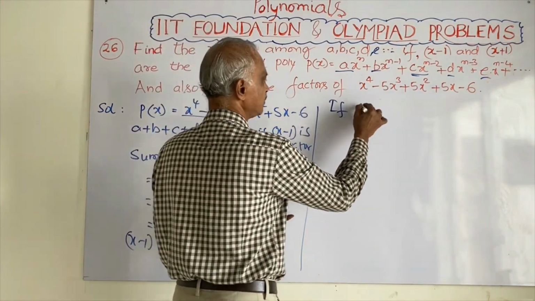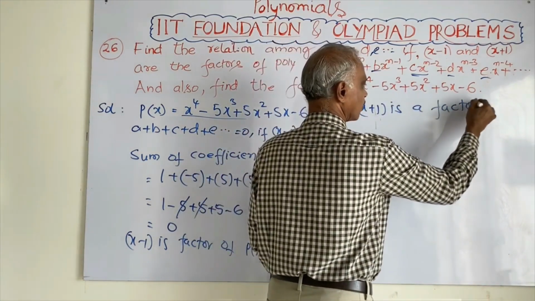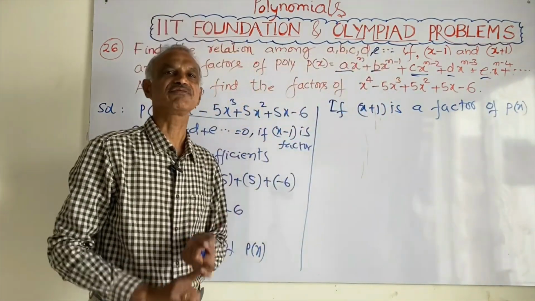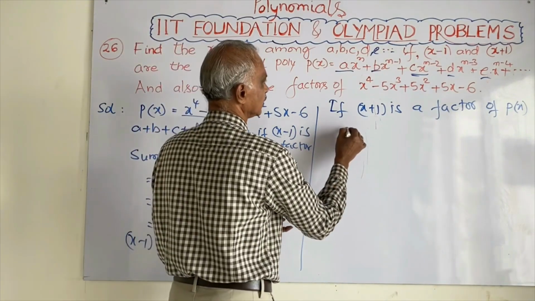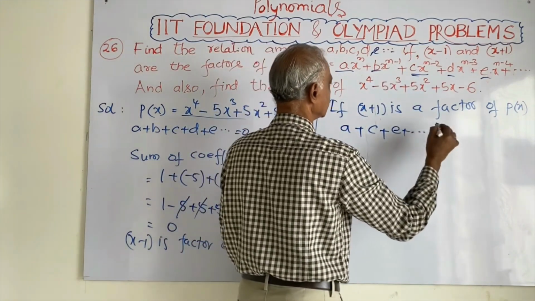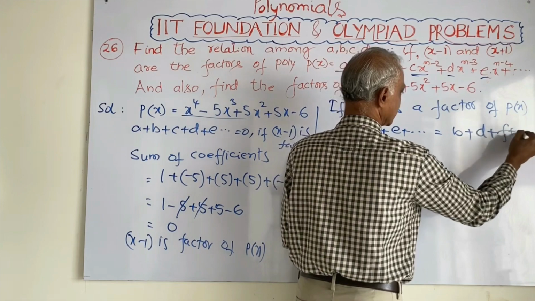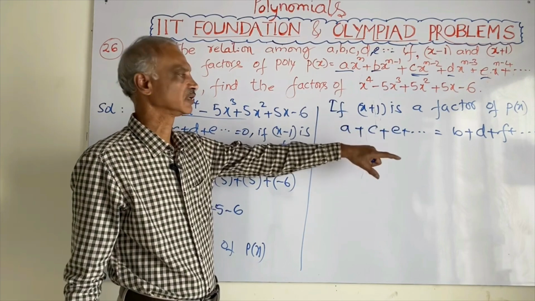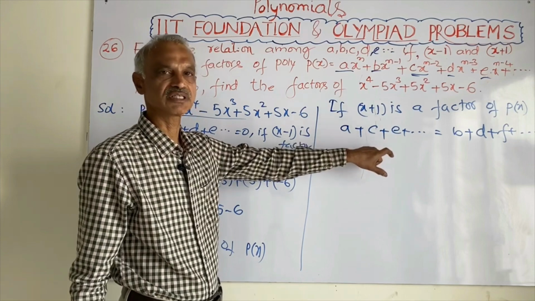That means a plus c plus e and so on is equal to b plus d plus f and so on. Let us check the sum of even coefficients against the sum of odd coefficients.